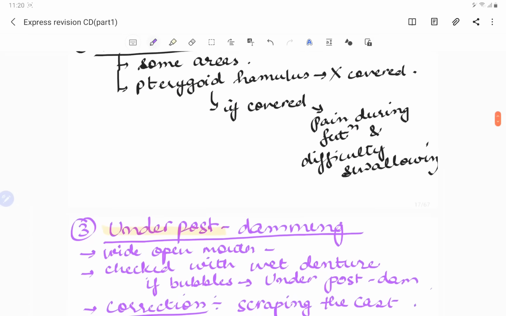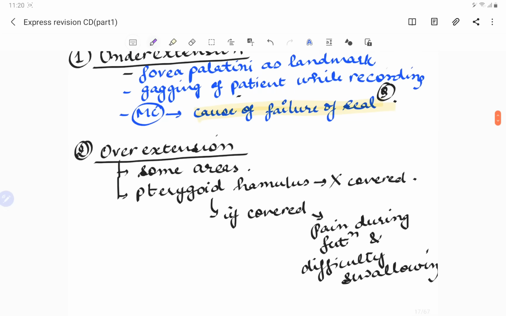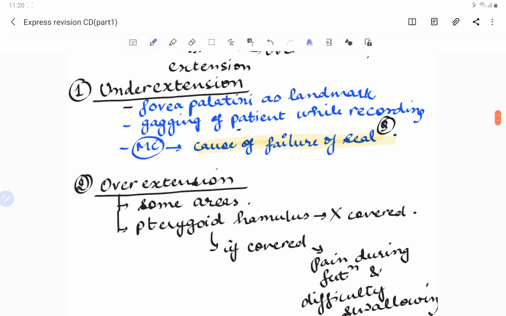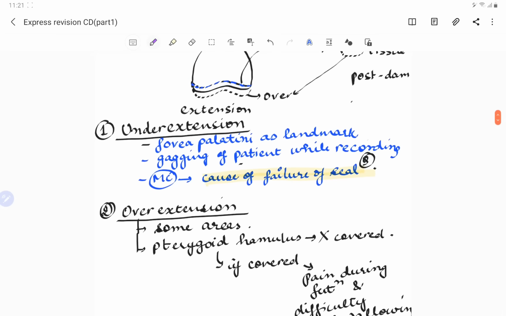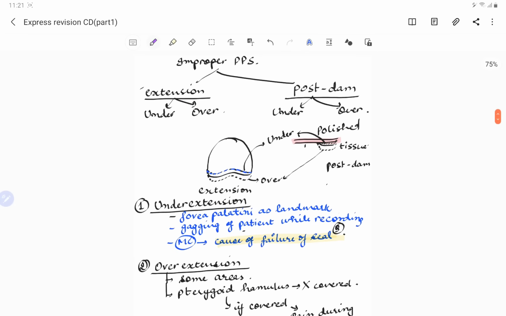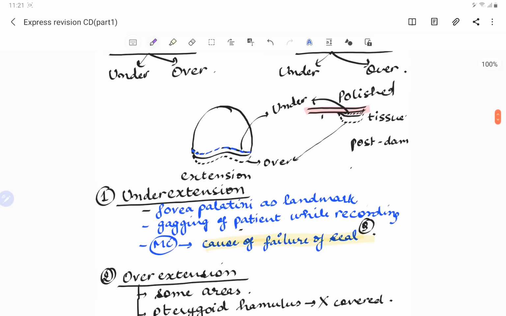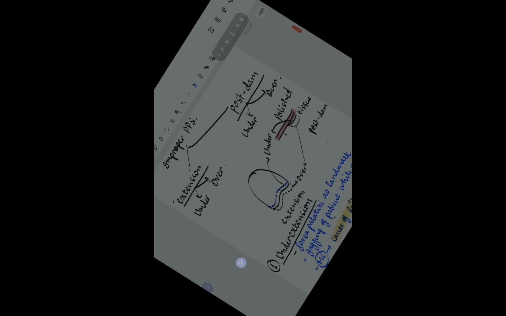Then we have studied extensions, the fovea palatini we use as a landmark. If it is under extended, that is the main cause of the failure of the seal of the denture. Very important from the exam viewpoint. Now you have to understand it. Improper PPS can be extension, can be post damming, right?